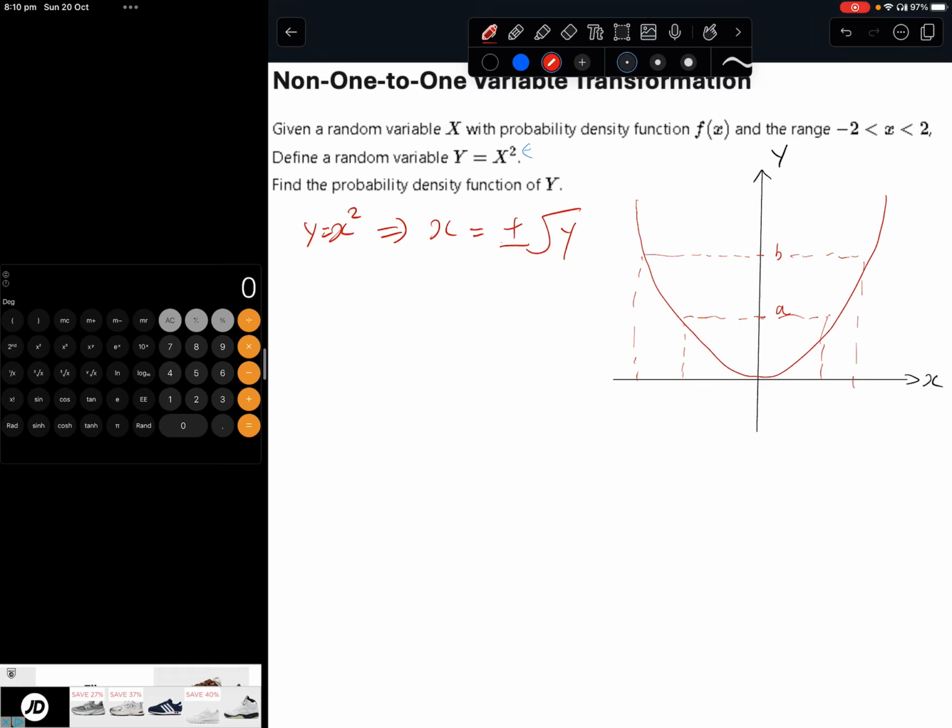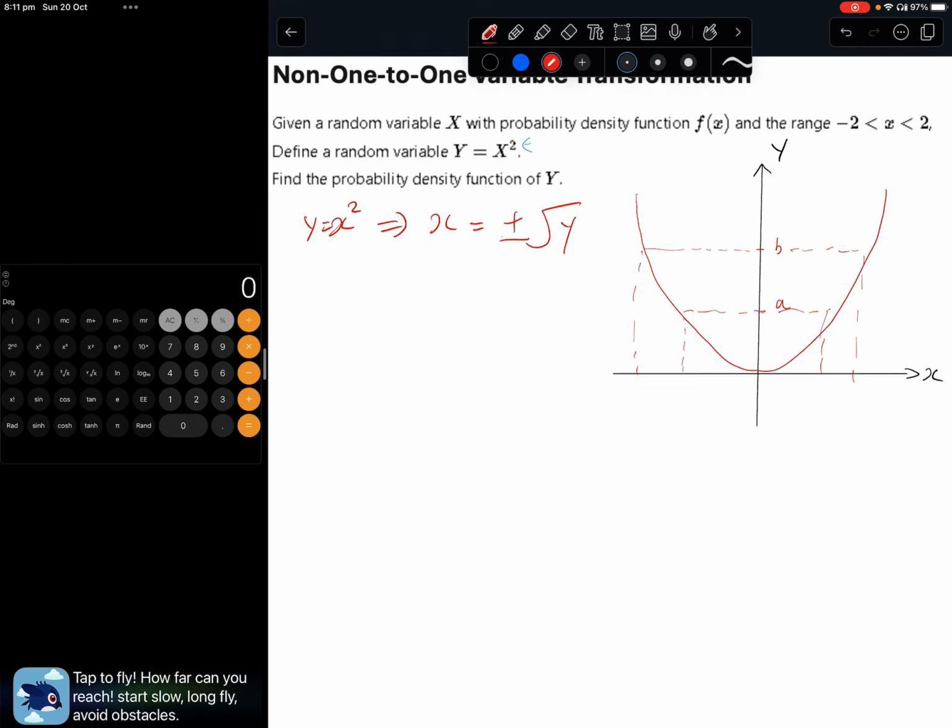Then the next step is to calculate the probability density function for each possible value of x that corresponds to y. Because x is equal to positive or negative square root of y, we can write it in this form.